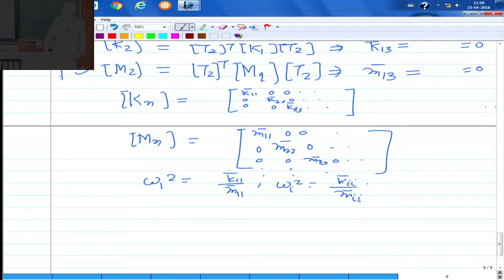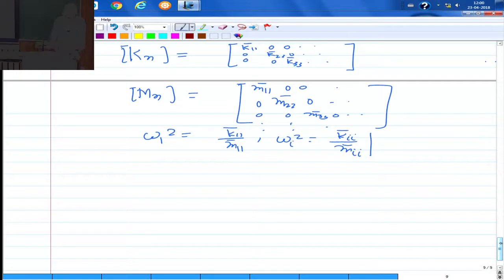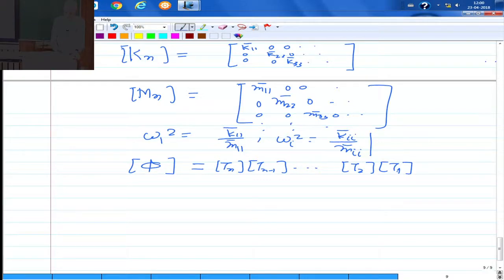So from this you can calculate essentially the eigenvalues, and then the eigenvector finally is going to be the multiplication of all these transformation matrices whatever we have constructed. So finally phi would be, say, Tn minus 1 and so on, T2 T1. So this would be actually your modal vector.